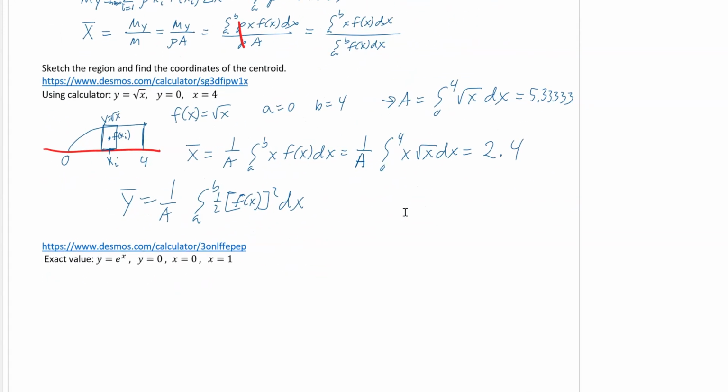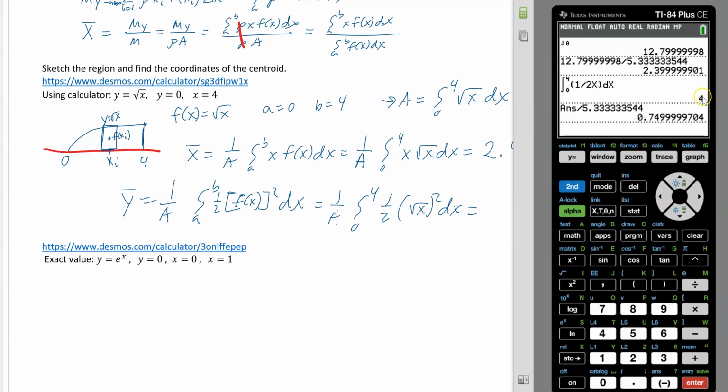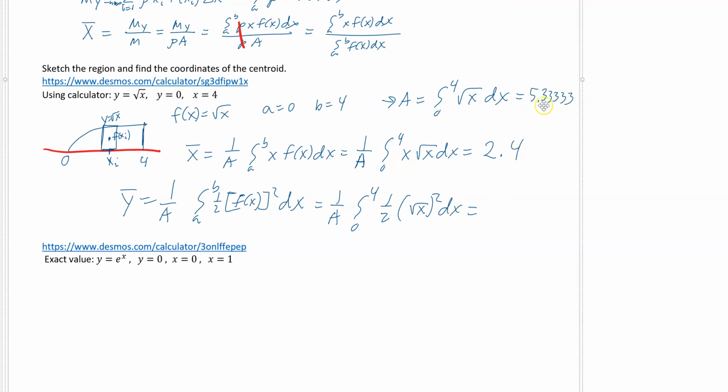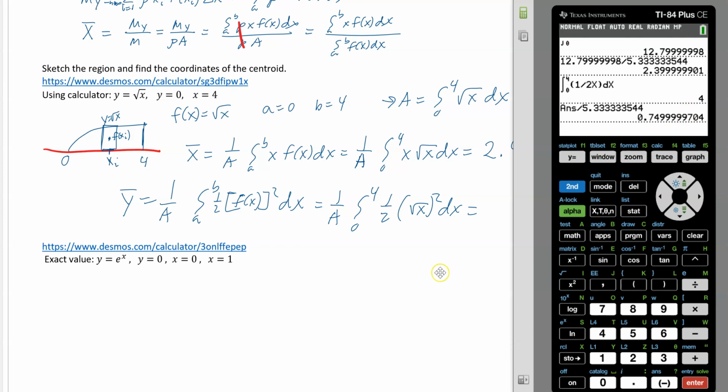So 1/2 f of x squared dx. And then we plug that in. So it's 1 over A, integral from 0 to 4, 1/2, and then it's f of x. Oops, f of x is square root of x, squared, dx. And so that one is, we can just plug in x. And so we get 4, and then we go back and divide it by our area, which is the 5.333, and it gives us 0.75.